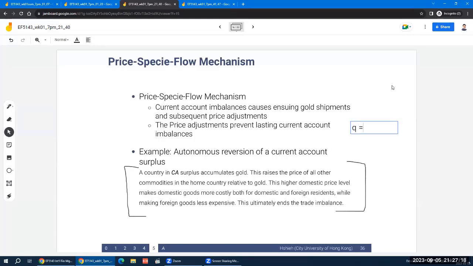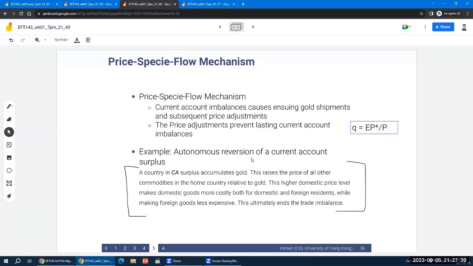The key thing to remember is this equation here, right? EP star over P. The price ratio between countries is going to be our motivator to drive exports and imports. And this is where the price specie flow mechanism is able to achieve what it claims to achieve.